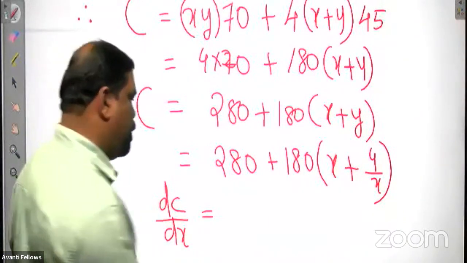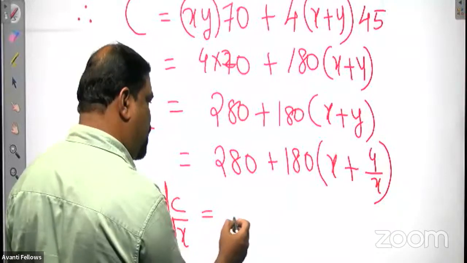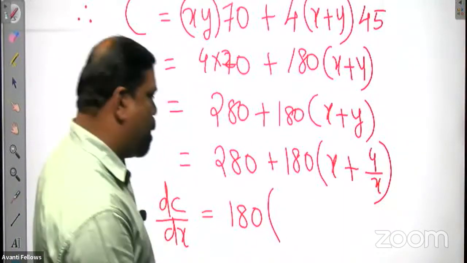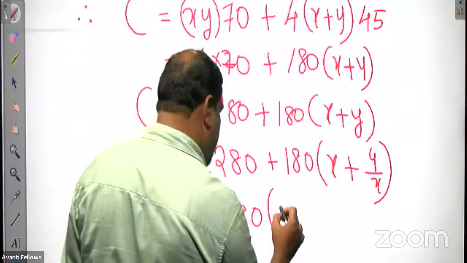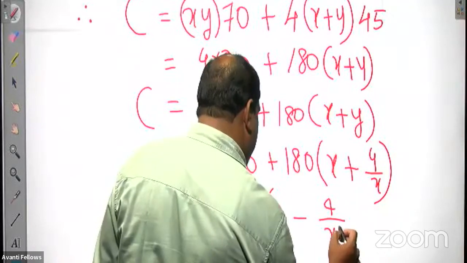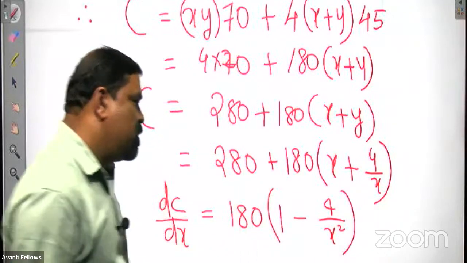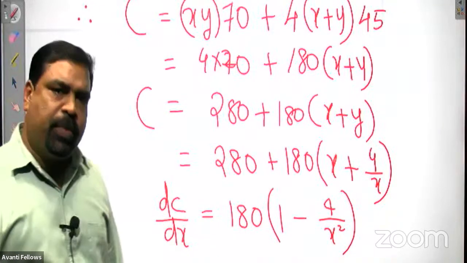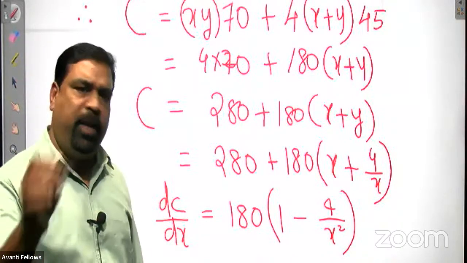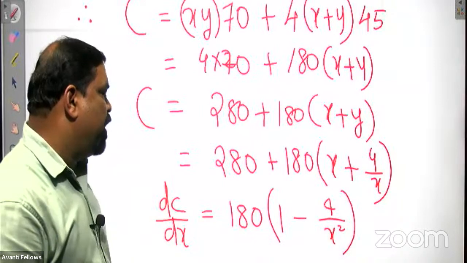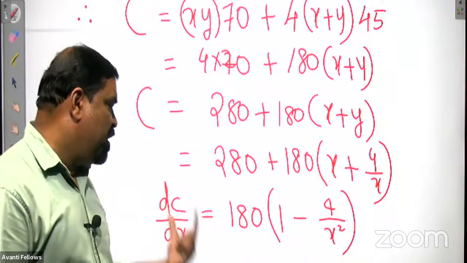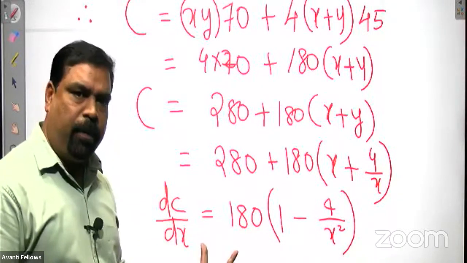So that is equal to 280 is a constant, so derivative is 0, and 180 into derivative of x means 1, minus derivative of 4 by x means minus 4 by x square. Derivative of 1 by x is minus 1 by x square. So 180 into 1 minus 4 by x square. This is our dc by dx, first derivative.